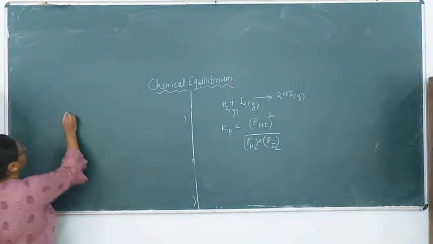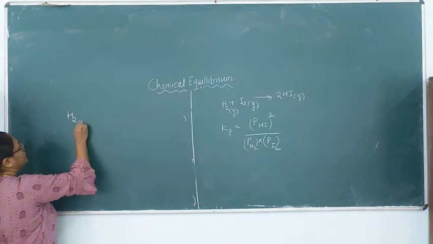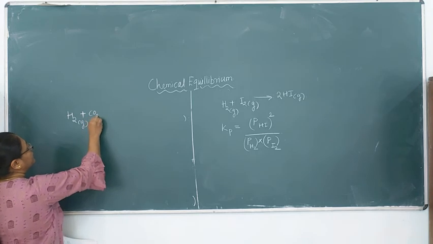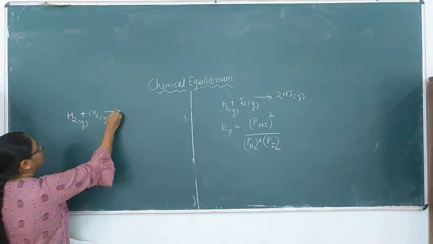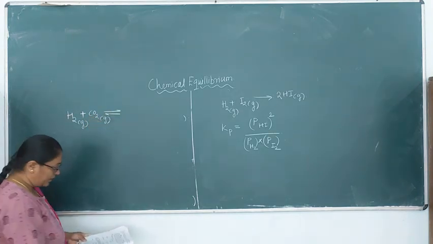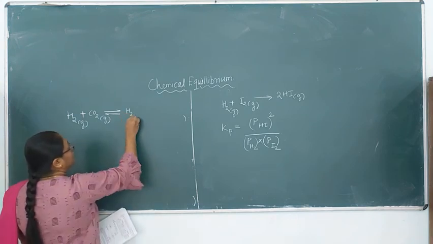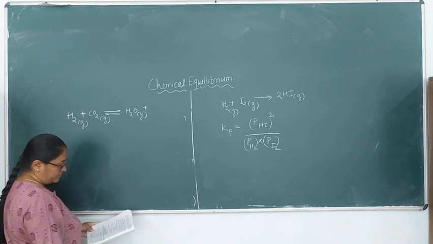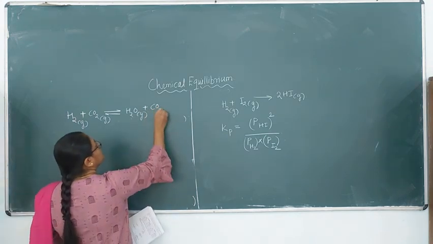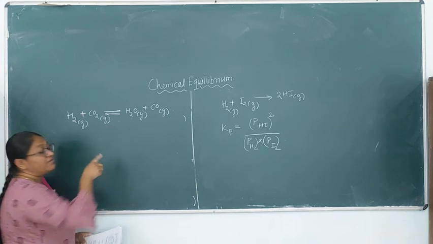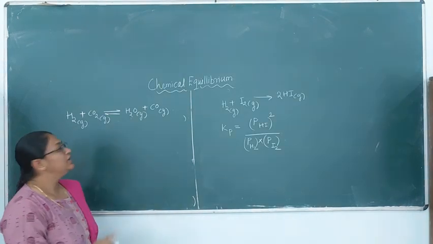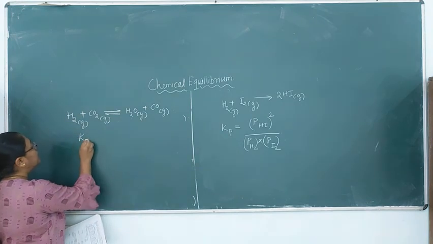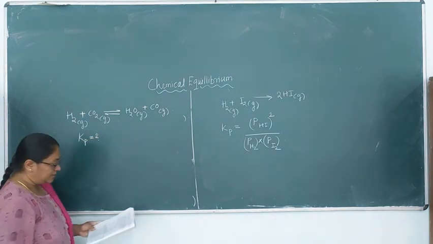We have been given a reaction, and CO. We have been asked to calculate the equilibrium constant for this reaction. So that means we have been asked to calculate Kp.